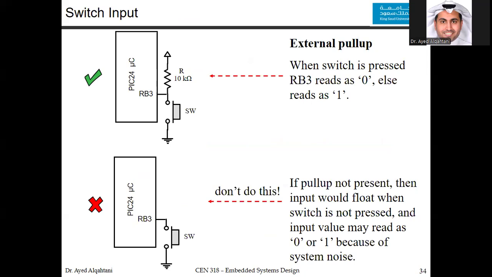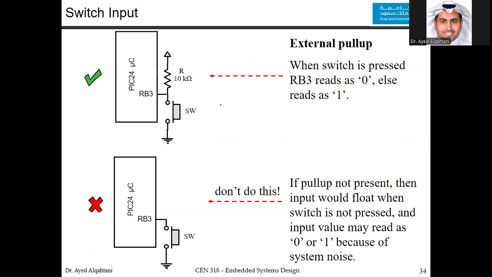Now, we talked about the different ports, whether they are output or input, how to program them, how to configure them as input and output, and how to set their value, whether 0 or 1. Since we talked about inputs and outputs, for inputs, make sure you always have a resistance between the VDD and the ground.